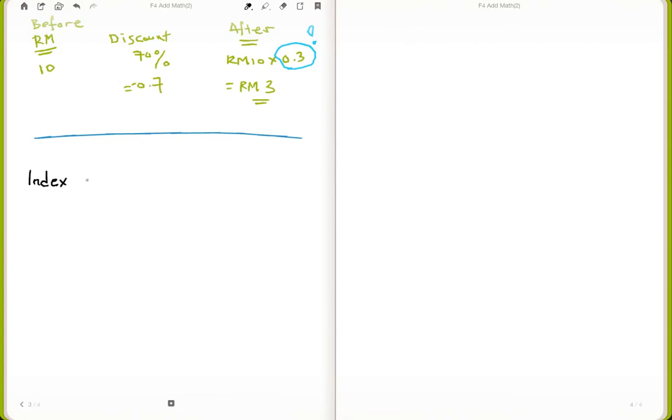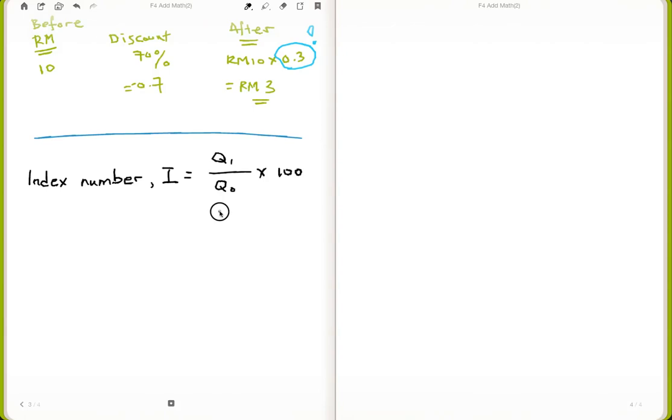The real deal, index number. What is index number? Definition from your book. Index number, symbol I, will be equal to the quantity at a certain time over the quantity at a base time, and then you times 100. This sounds like percentage, very similar.